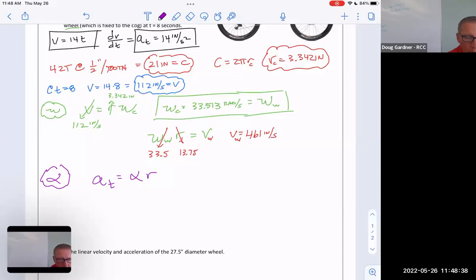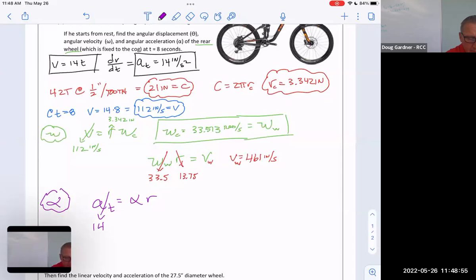Well, notice up above, I do know the tangential acceleration is 14. That never changed. That was a constant. Doesn't matter what time it is, that's 14. And if I plug in the radius of the cog, similar to what I just did before, I got more than one radius I could plug in here.